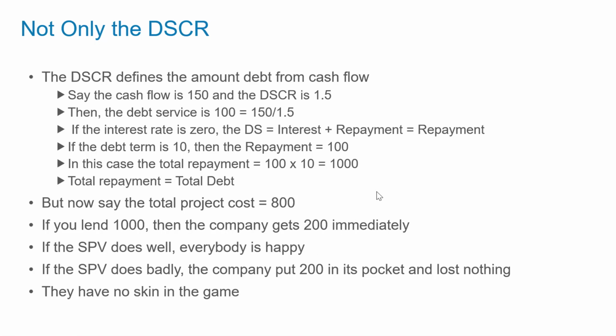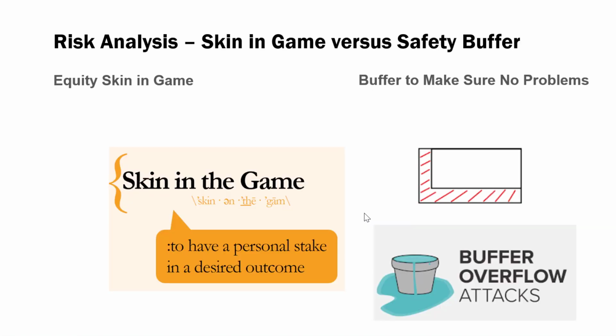If the SPV does really well, everybody's happy. But if it does badly, the bank gets screwed, and the company got to put 200 in its pocket immediately. It has no skin in the game. So when we're really sizing debt, we have to look at both of these things.